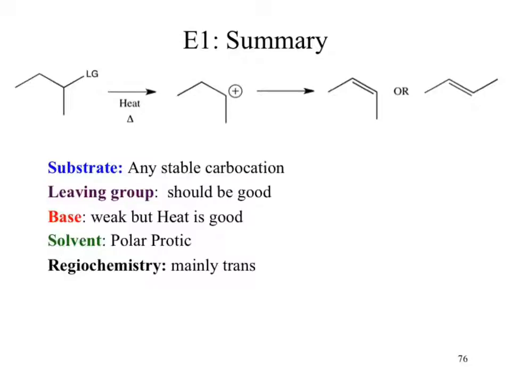Cis trans. We will see primarily trans because it's more stable. We can see some of the cis, and depending on the size of the groups in that cis arrangement, we can see a favoring one way or another. The larger those groups are, the less cis, the more trans. Okay?